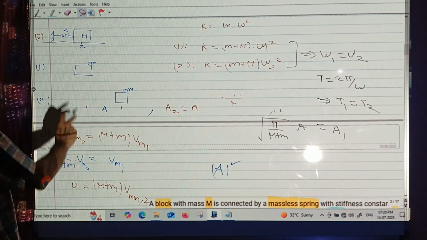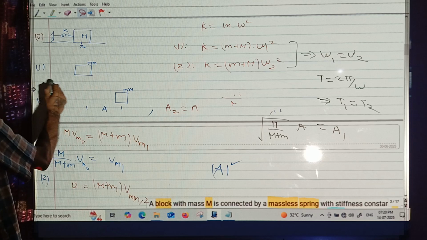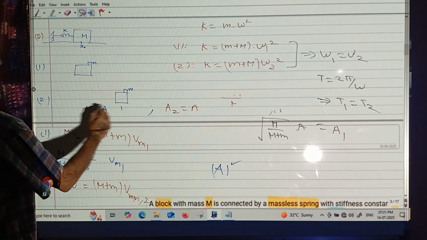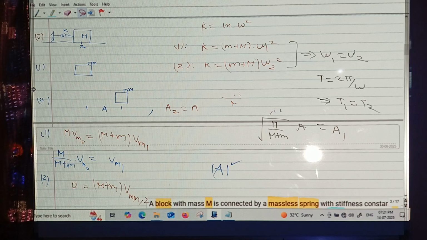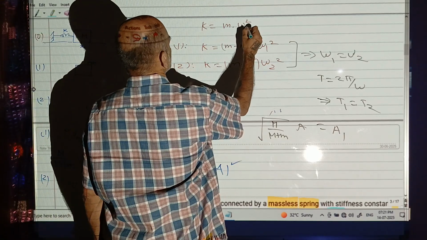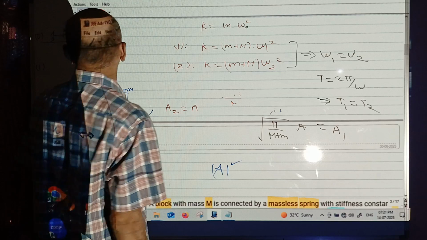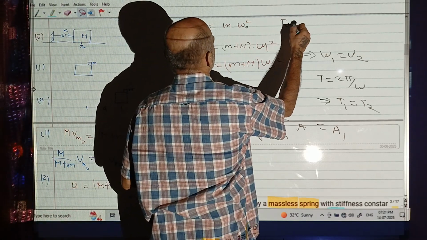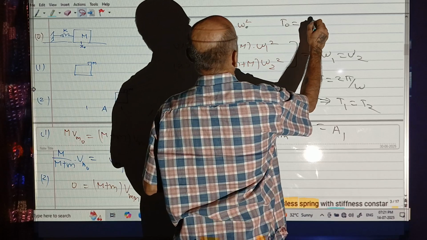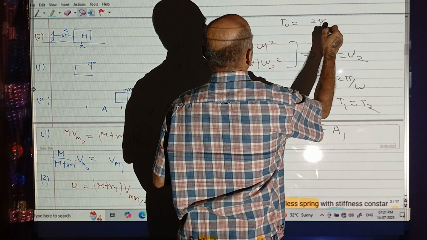So in the second case and the first case, here the amplitude is reduced, here the amplitude is the same, but the amount of time it takes to complete one oscillation is the same in both the cases. But the original omega naught, the zero case, has a different time period. T naught equals 2 pi by omega naught.